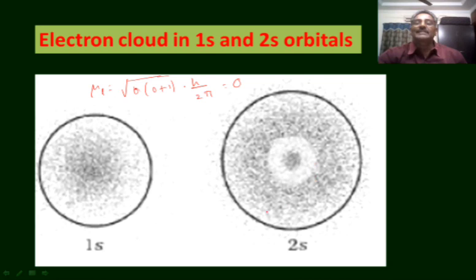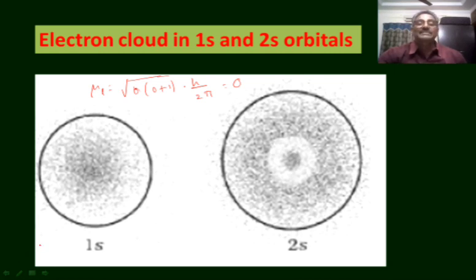That is, electron cloud density is maximum around the nucleus, and at some region it is minimum, that is approximately 0, and again increases and then decreases to a minimum value in the 2s orbital.